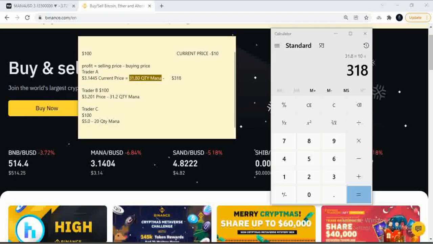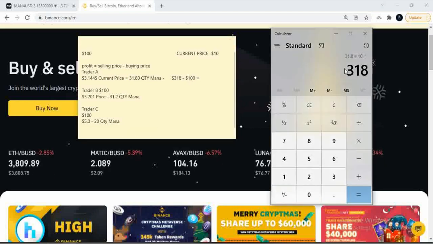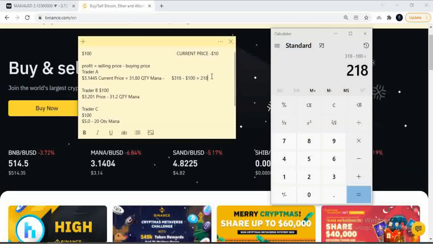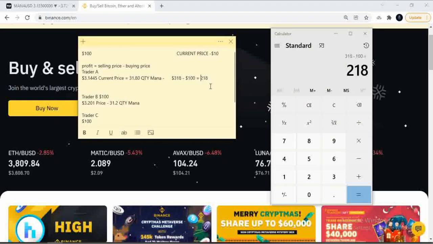His profit will be that amount subtracted from his initial amount, and that is going to be $218. So he is going to bag $218, which he has been able to make for just buying at this price and holding for that long.